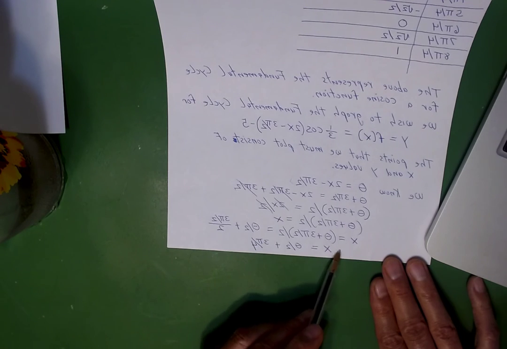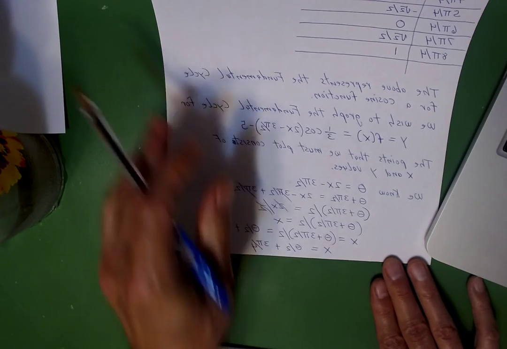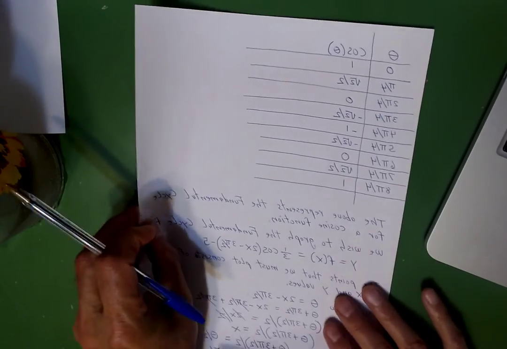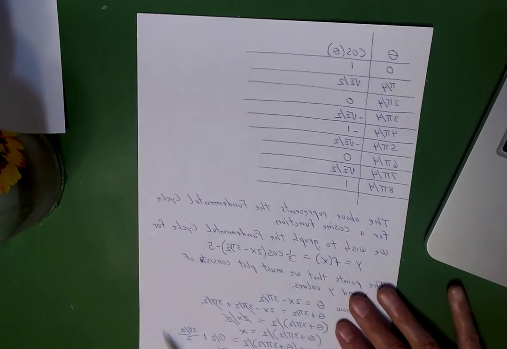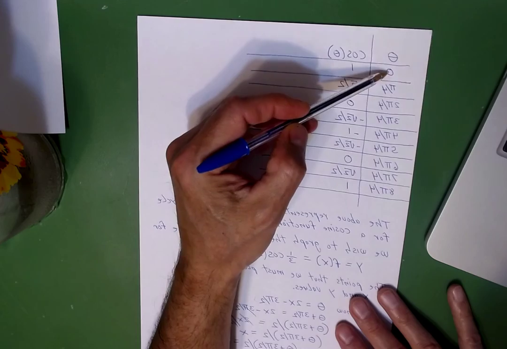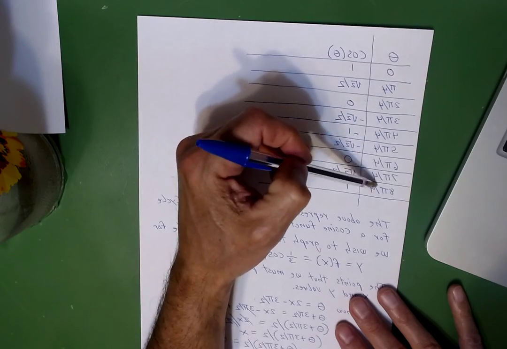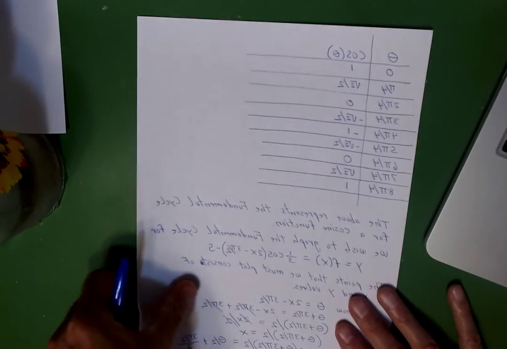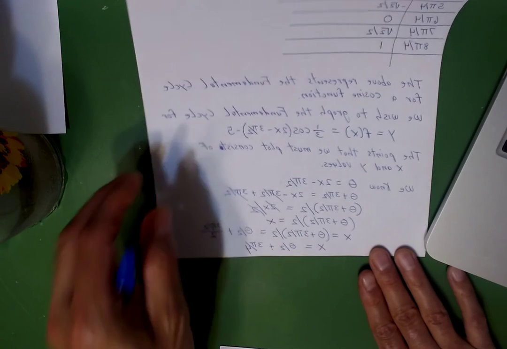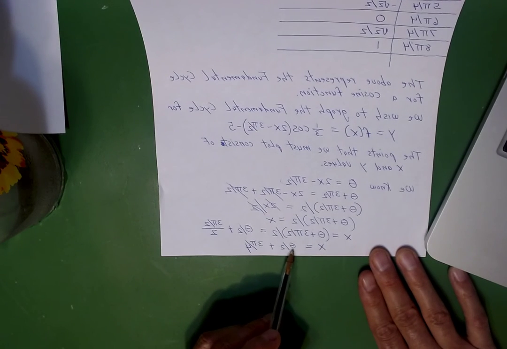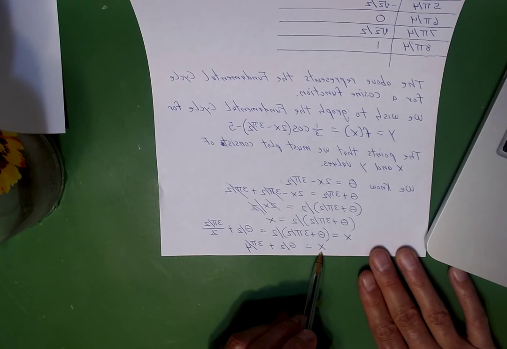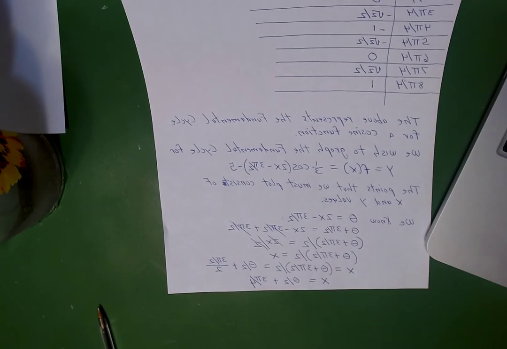So that's what x is, okay? So now remember, we've got the values for theta already, so we can plug those values in for theta here, and that'll give us the values for x.